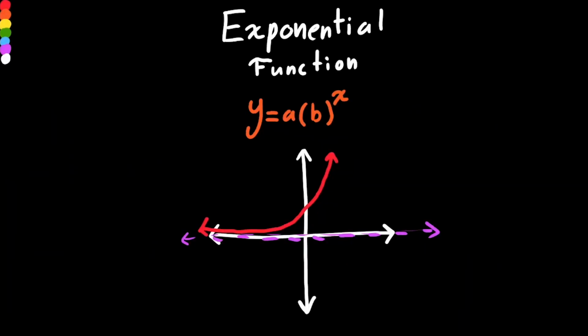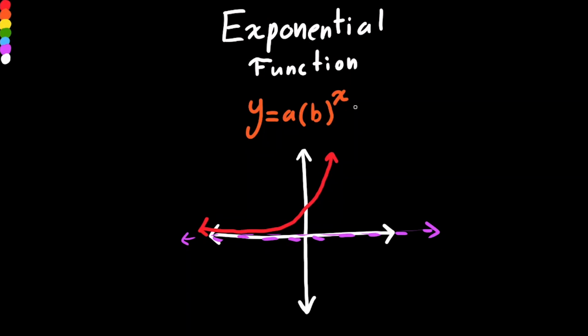Now we get into more complicated stuff, but this is actually very important to know. One of the more common functions that you'll see, typically in banking, mathematics, and sometimes statistics as well, is the exponential function.